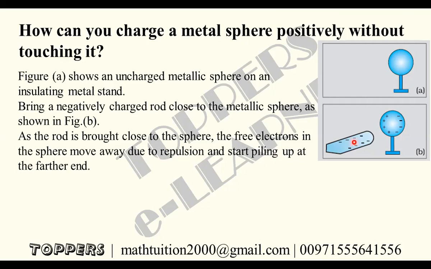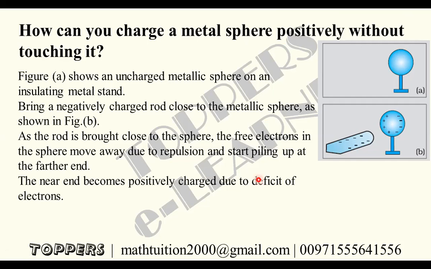So the electrons near the rod get repelled and pile up at the farther end. Automatically this area will become positive. The near end becomes positively charged due to the deficiency of electrons.